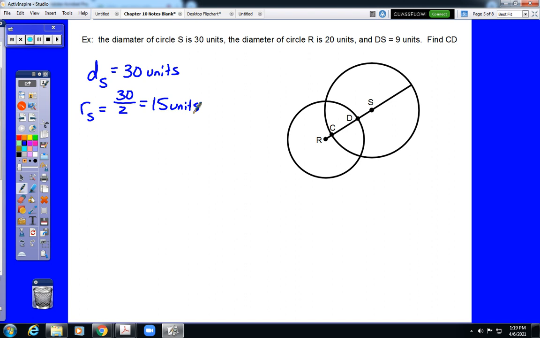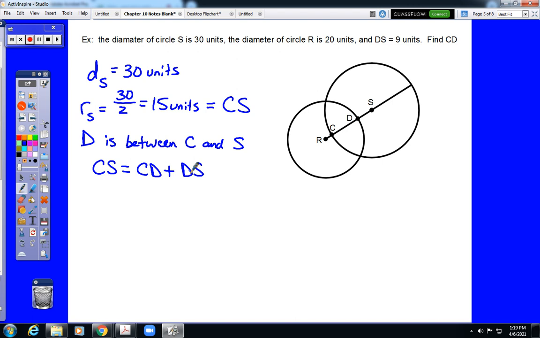Now, the reason why we would care about that is CS is a radius of circle S. And D is between C and S. It would help if I wrote S. But C, D, and S are collinear points, right? So the segment addition postulate says that CS is equal to CD plus DS.